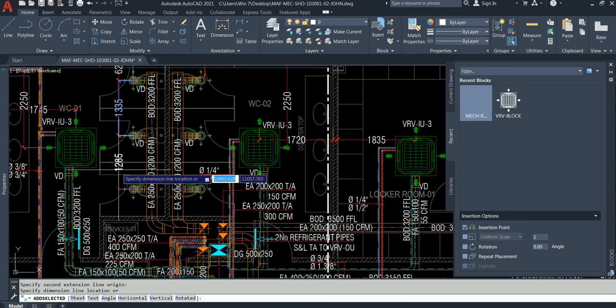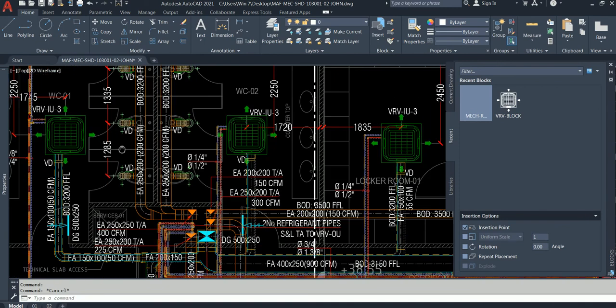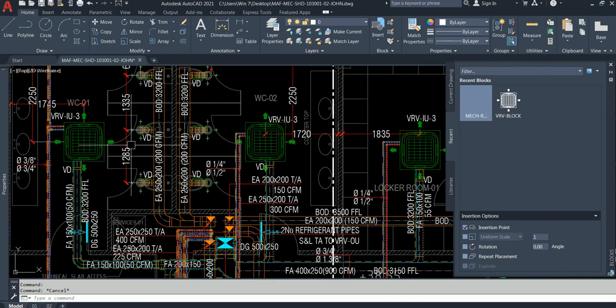God knows who the drawer is. No meaning in this drawing, is there? But anyway, we don't complain.